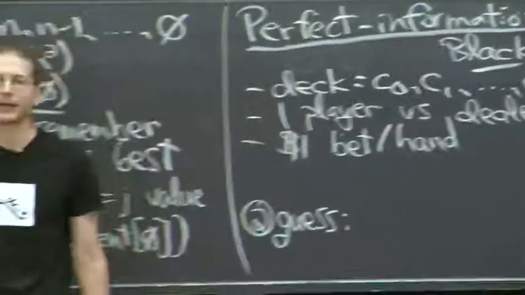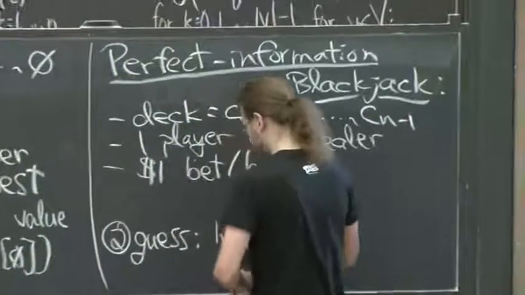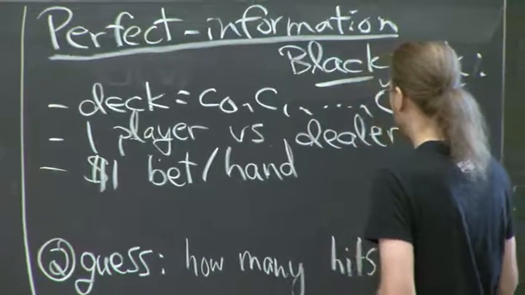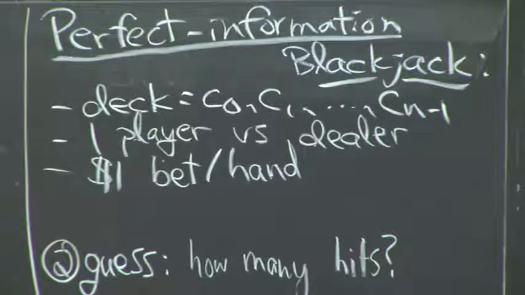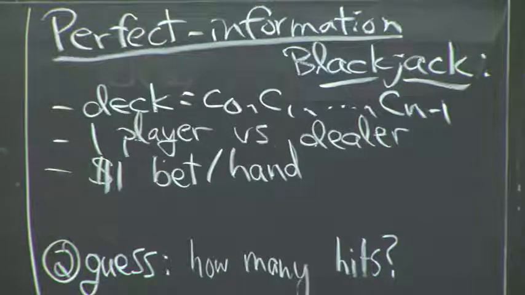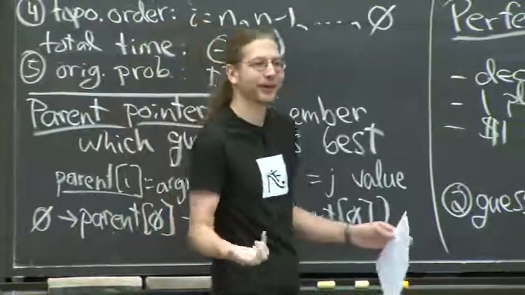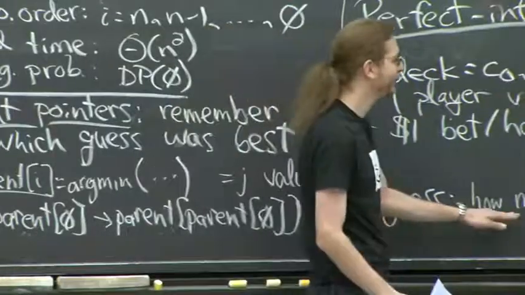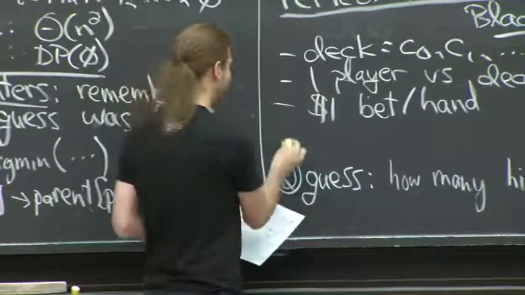We're going to guess how many times I should hit in the first play. So initially, 4 cards are dealt. I'm just going to guess ahead of time. I think I'll hit 5 times this time. I think I'll hit 0 times this time. I'm just going to try them all. So I don't really have to be intelligent here. It's kind of crazy, but it works.